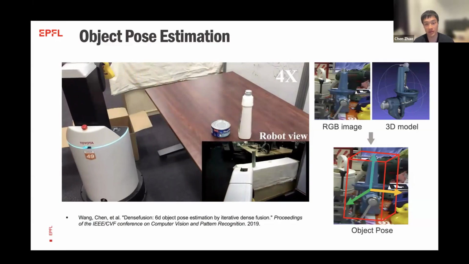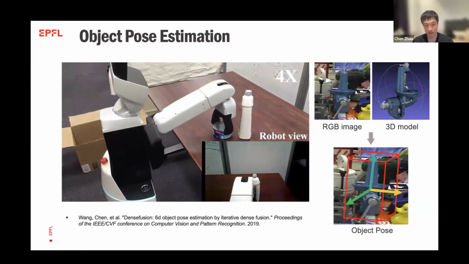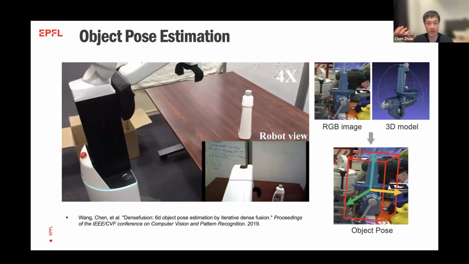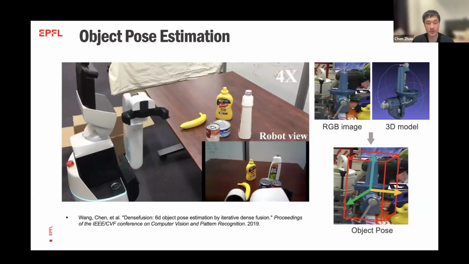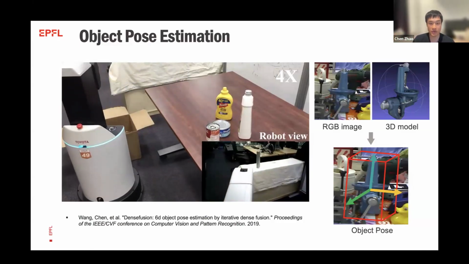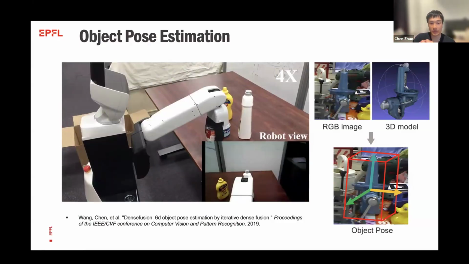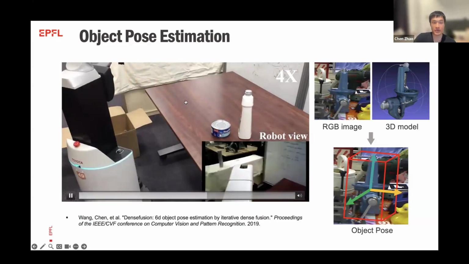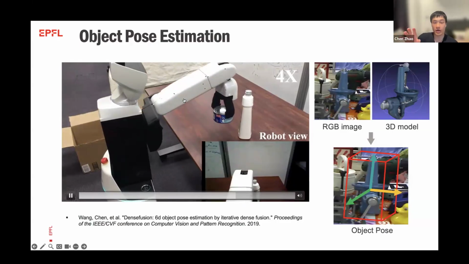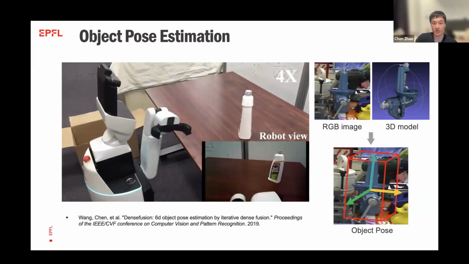It's very important in 3D interaction, and also in real applications like robotic manipulation and augmented reality, because it can provide a detailed 3D understanding of the object. As you can see in this demo, the robotic arm can know how to grab the object.